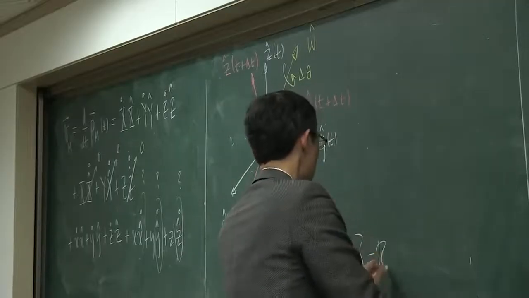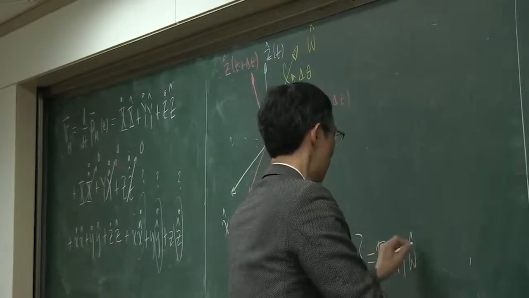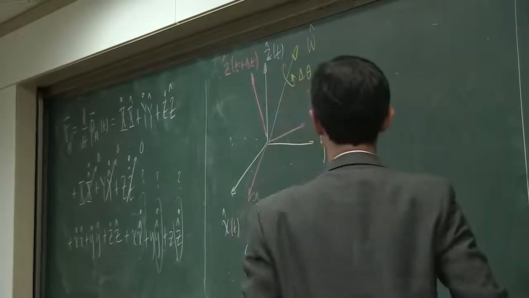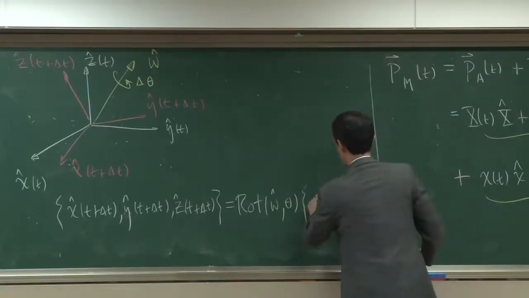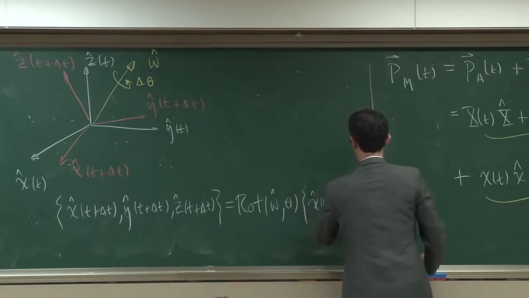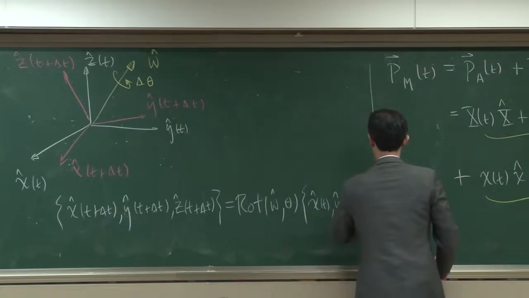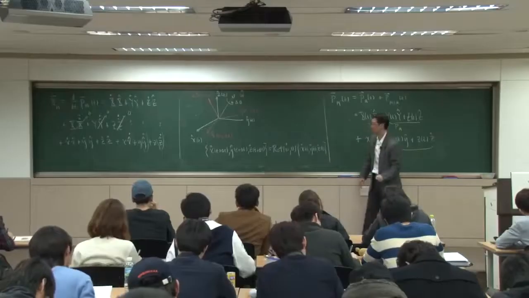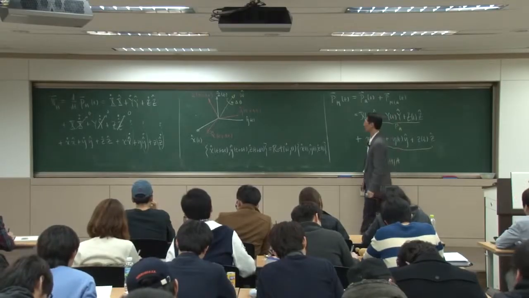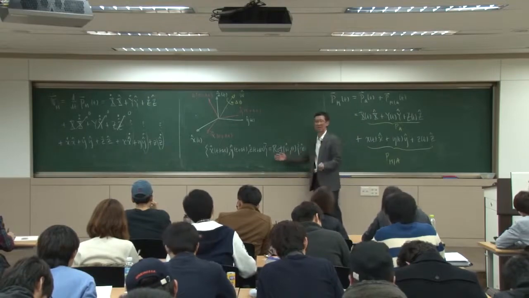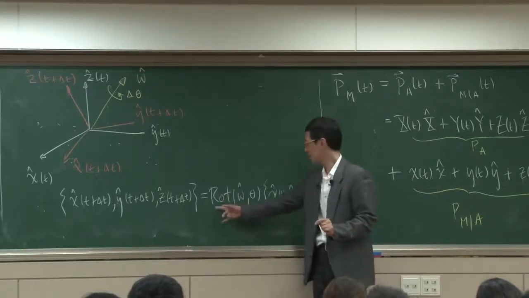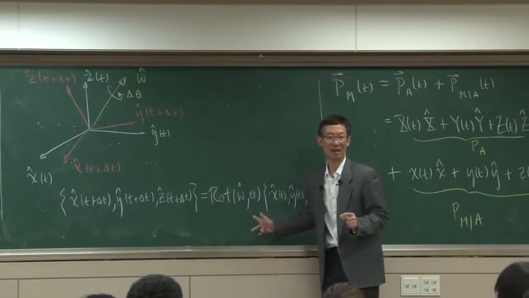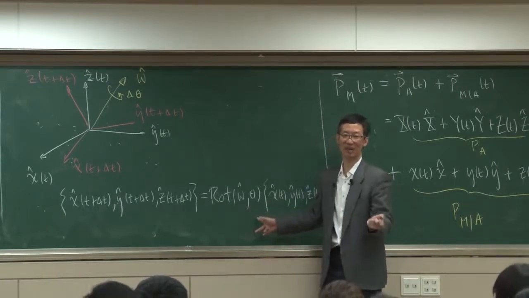It's a rotation about this axis omega hat by an angle theta of the earlier frame, x hat, y hat, z hat. So if I asked you, give me an explicit formula for this, would you be able to do it?